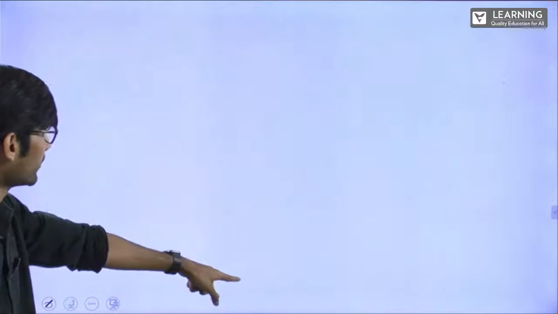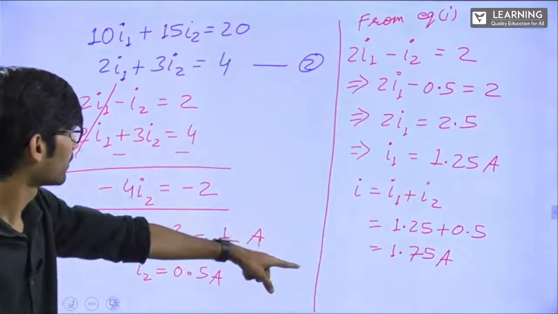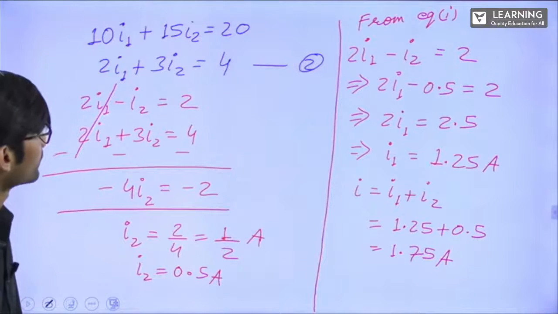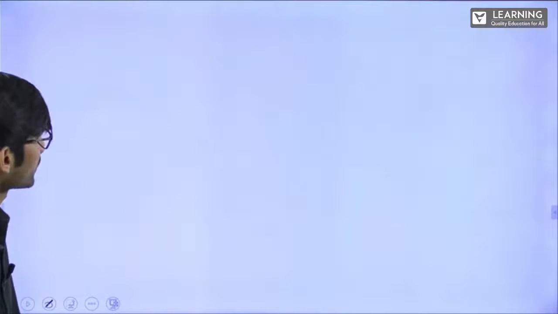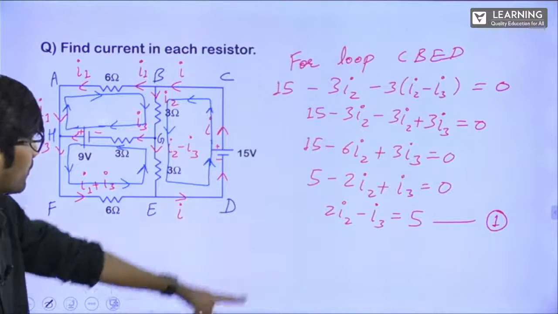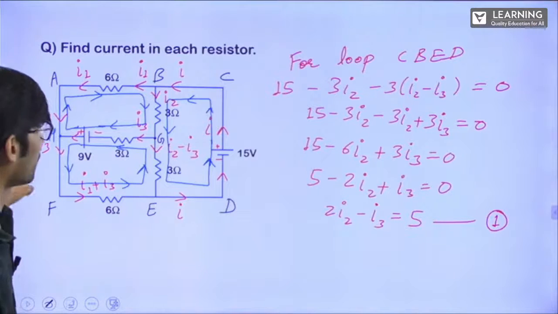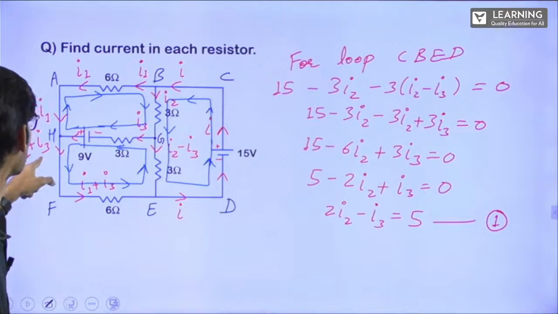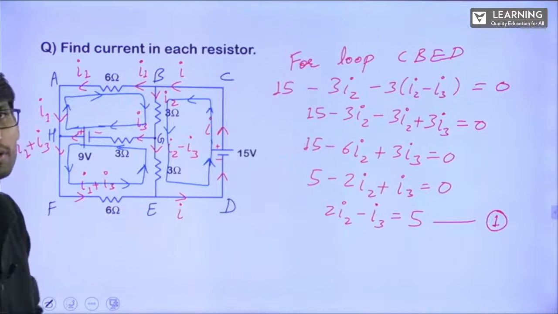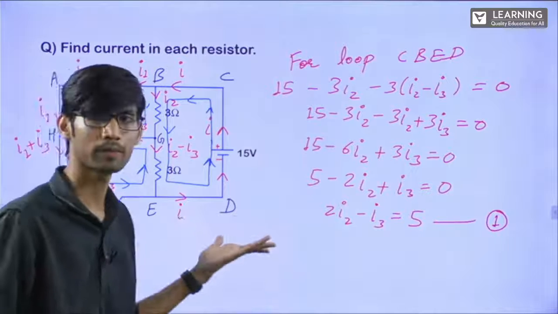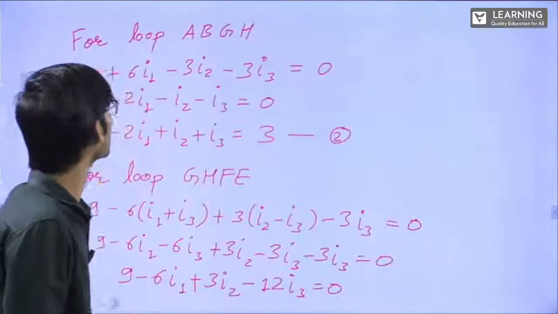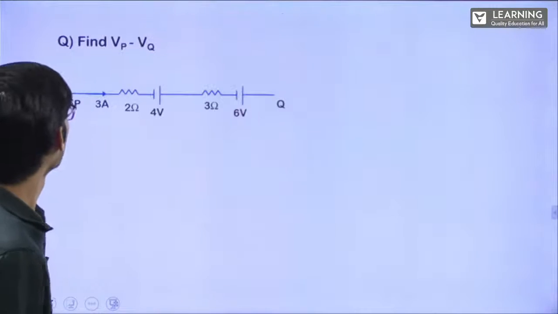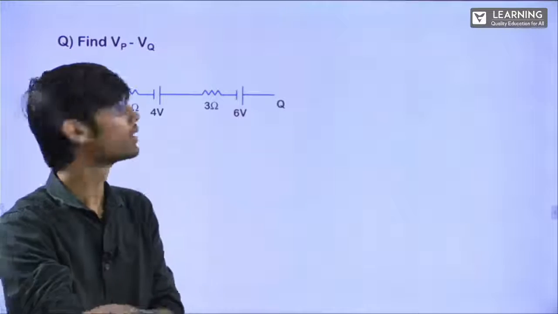I1 is 0.65, I3 is 1.2. Just add that, that current is going here. Clear? All right.